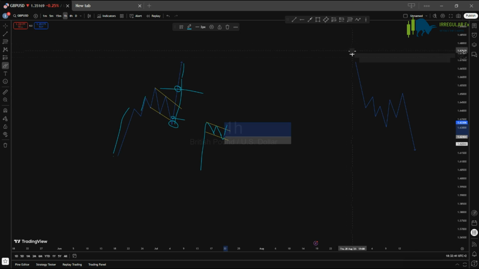Obviously the market will be pushing to the downside impulsively, breaking all the lows that it creates along the way. It creates a low, then breaks the low again. It's still going impulsively, then creating another low, then breaking the low again, still going impulsively, creating another low.